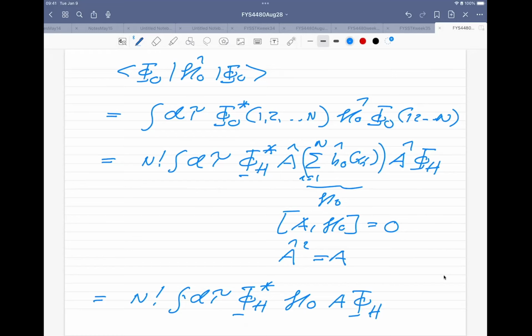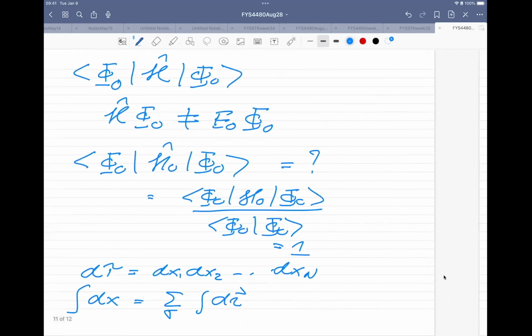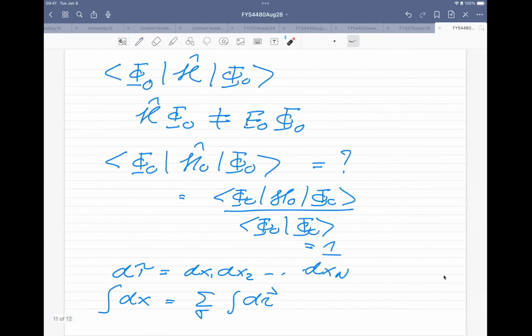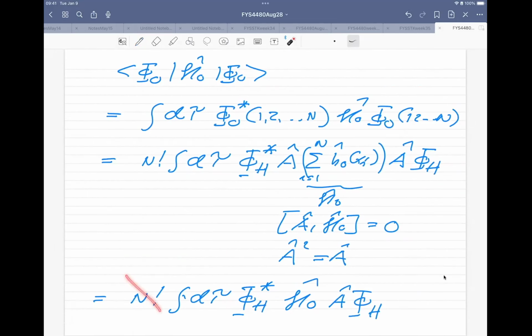Now what happens next is that I can introduce this specific operator which I have. I should put back the hats here, but sometimes I forget to put hats on. So what I do now is simply to introduce this operator A, which we defined, if we scroll back a little bit, like this. There's a factor 1 over n factorial, and that is going to cancel this n factorial.